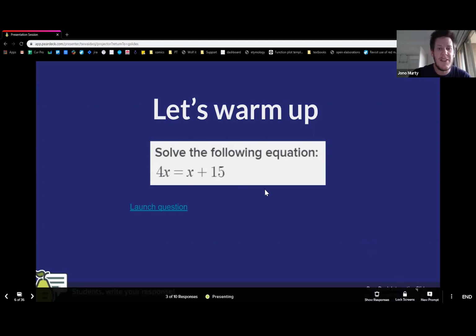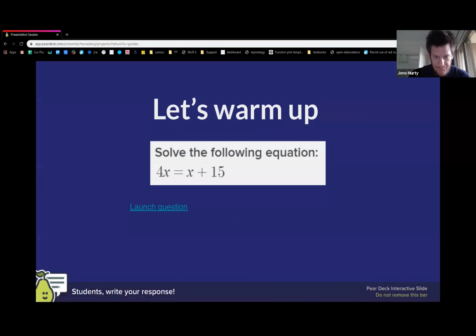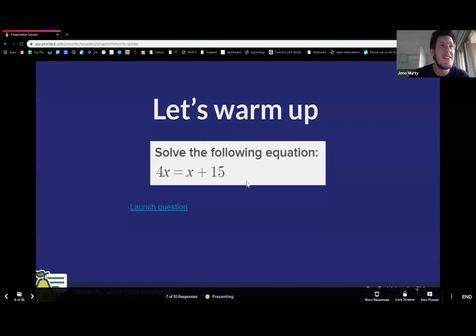Remember guys, if you're doing this on paper, you wouldn't just be writing a number as the answer. You would actually want to write x equals whatever you think the answer is. Writing numbers is not the best. Just wait for another 30 seconds to get a few more responses in. A couple of you showing working along the way, which is good.